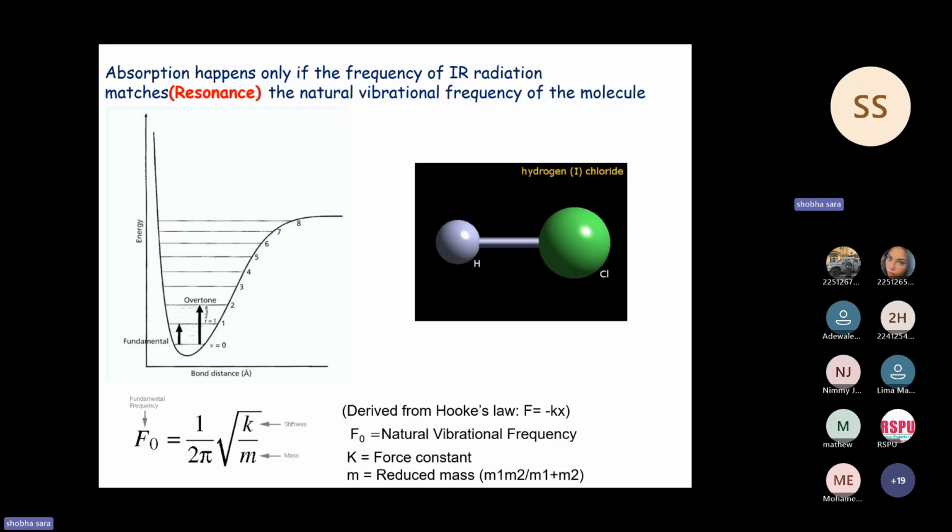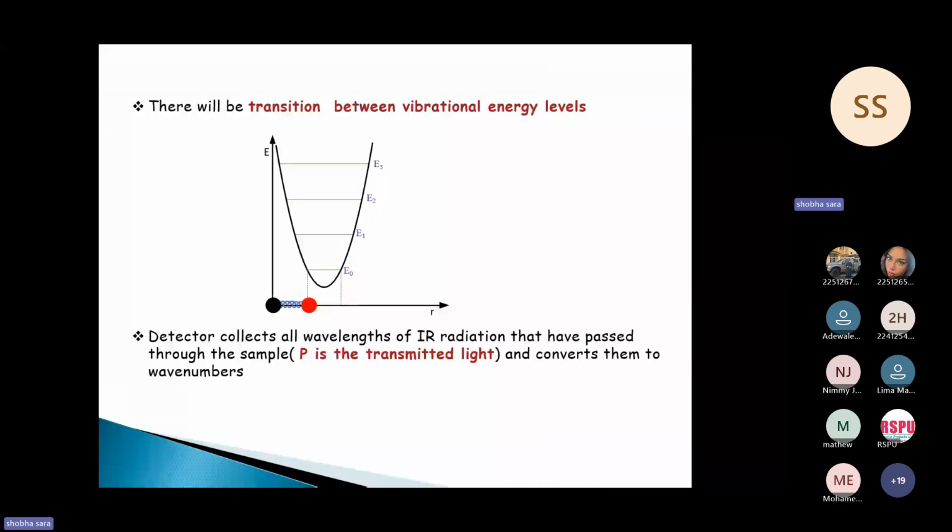So when the radiation hits this molecule, it has a vibrational frequency as shown here. If the IR radiation has the same vibrational frequency as this HCl molecule, there will be a vibrational transition from the ground state to the excited state, like this.